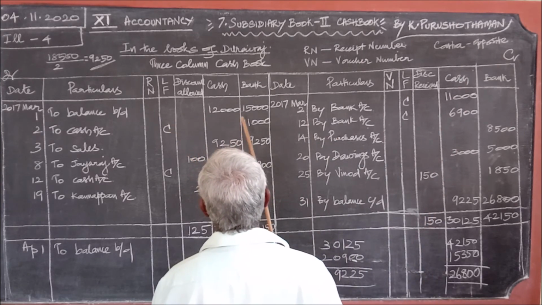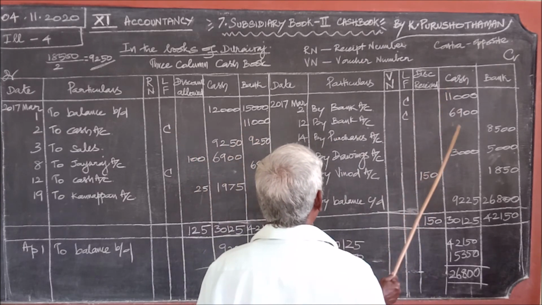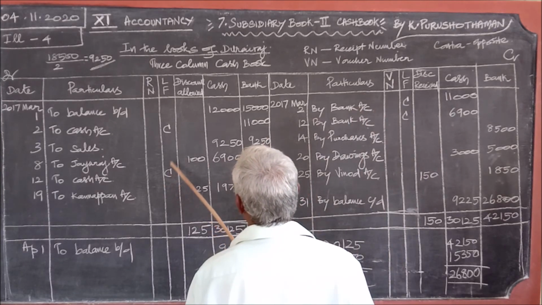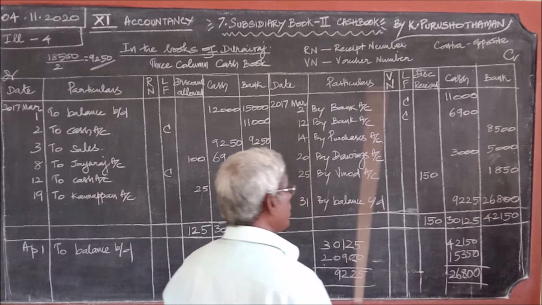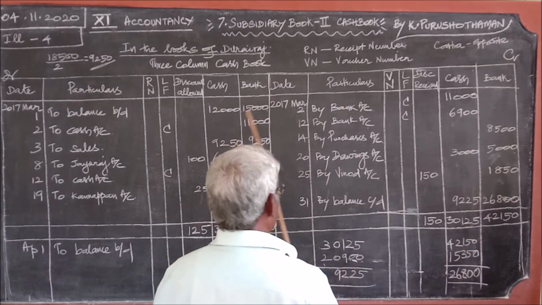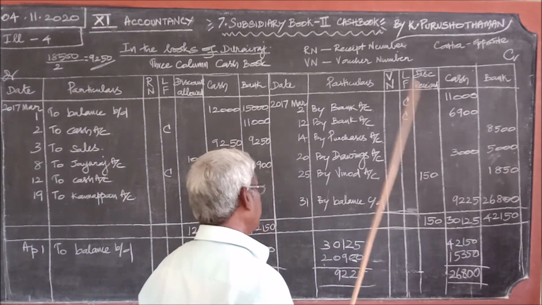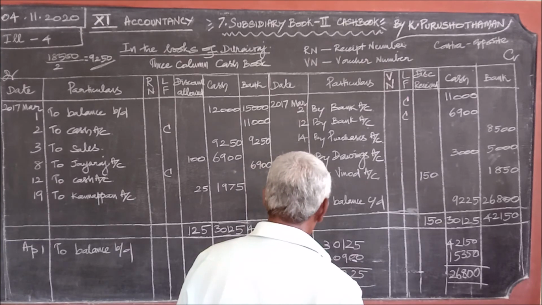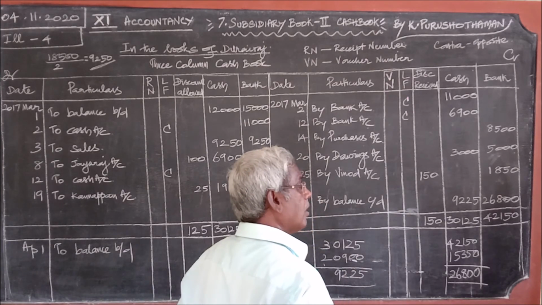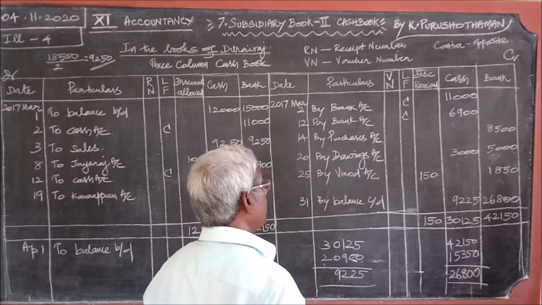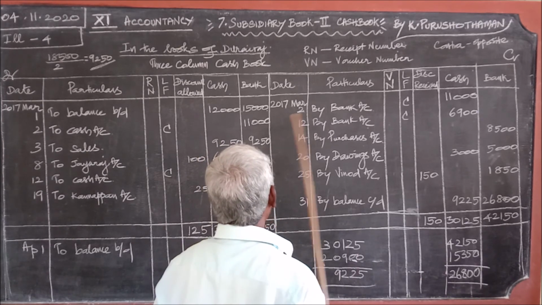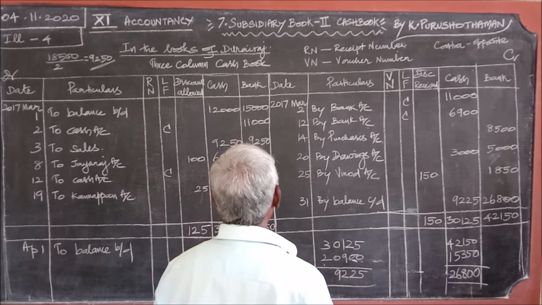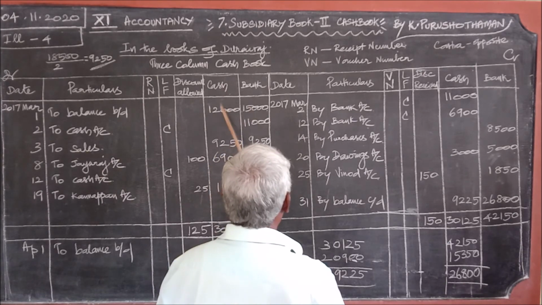That is why for these two I have written C here. C for contra entries, that is, entries on opposite sides. We should remember. And also one more thing, in single column and double column, whenever a cheque is received, we will treat it and write in the cash column.